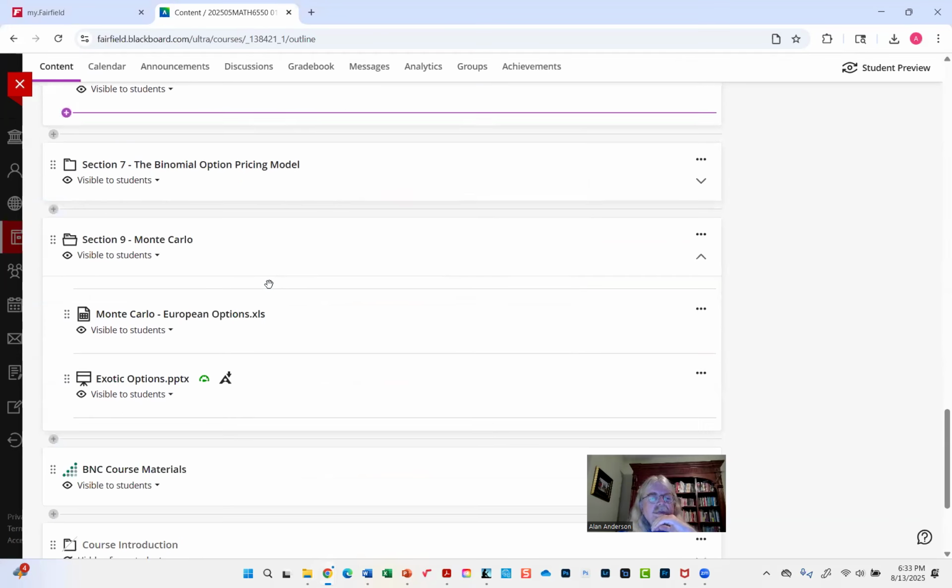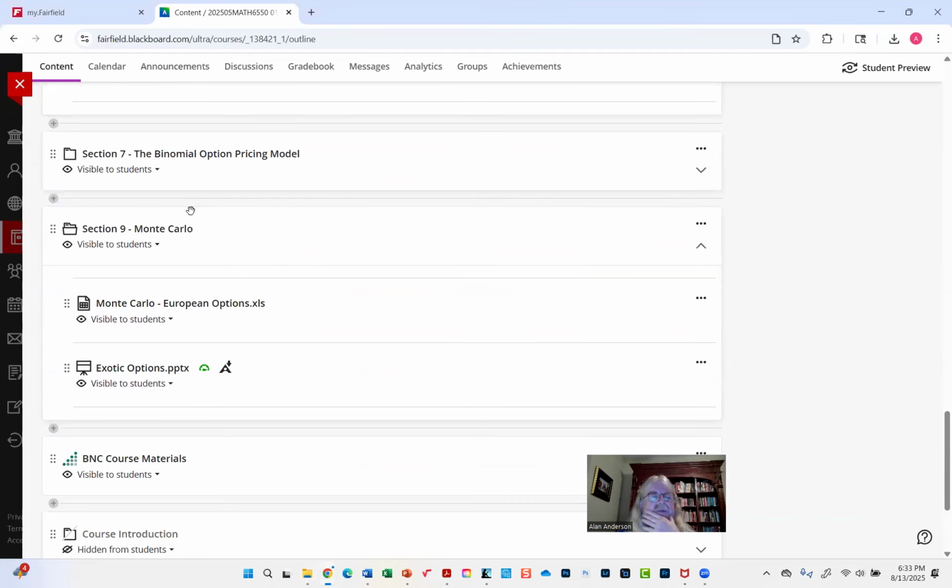Also, I realized afterwards that I neglected to post this Monte Carlo material, so here it is now. This is the spreadsheet we were just looking at with exotic options. This is the code. The code is pretty interesting, but there's a lot of new things in there we haven't seen.